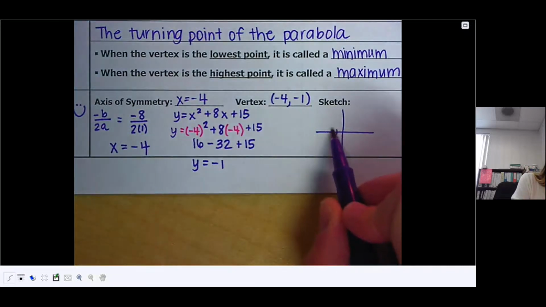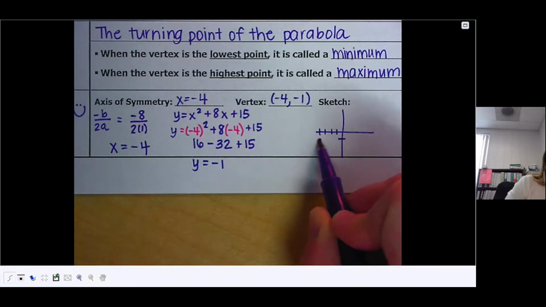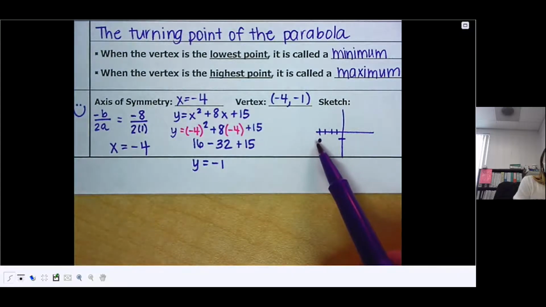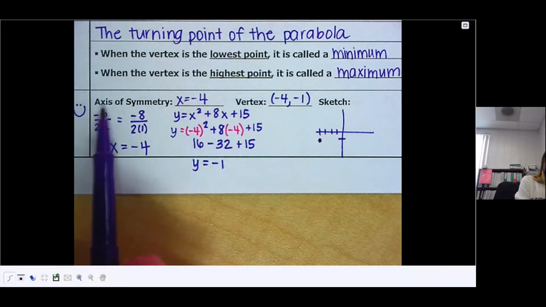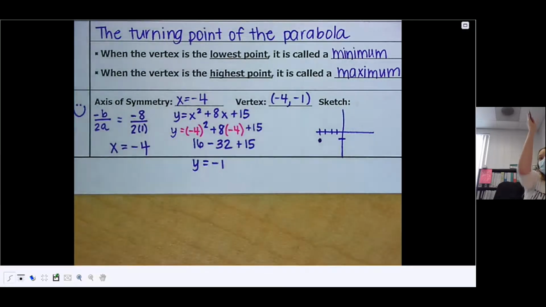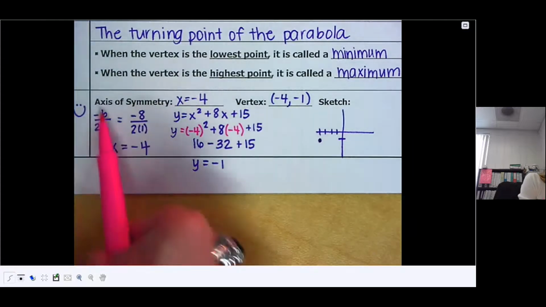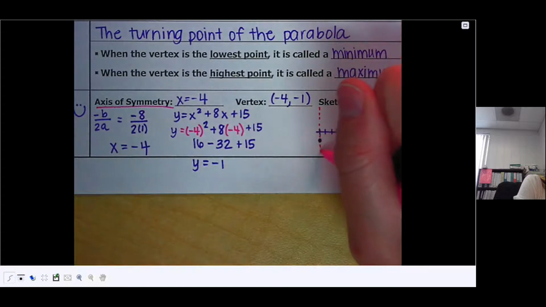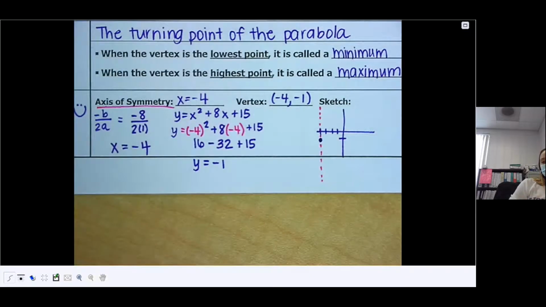That's 1, 2, 3, 4 to the left, and 1 down. That's your vertex. At that same x number, you should have an axis of symmetry, a vertical line. So right here, I'm going to put a vertical line. That's my axis of symmetry.